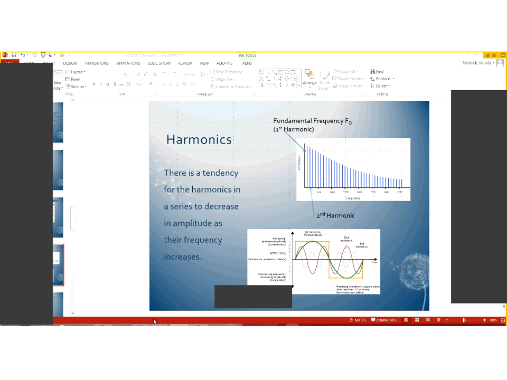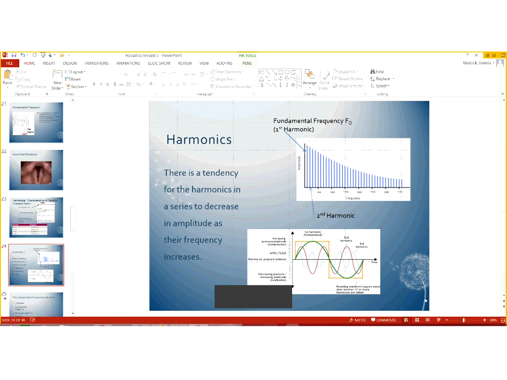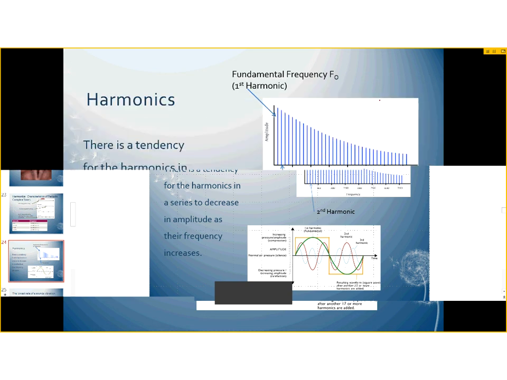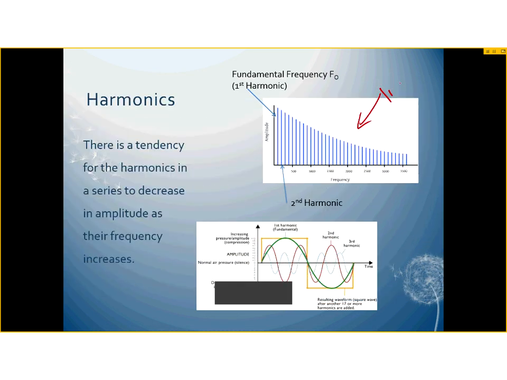Let's say we wanted to record the production of your vocal fold vibration. We can do it using a line spectrogram. Instead of sine waves, they're represented by lines. We have frequency across the x-axis and amplitude or intensity on the y-axis.